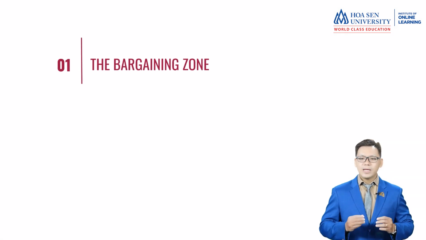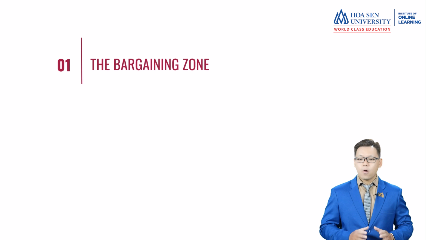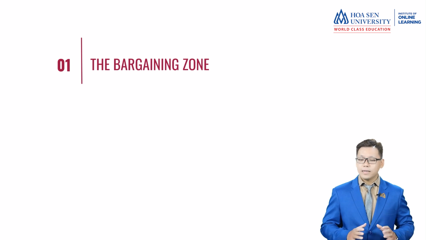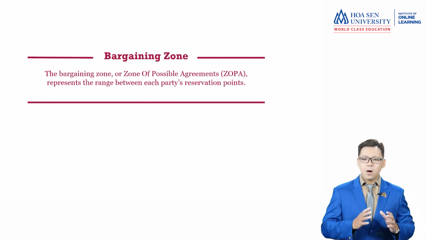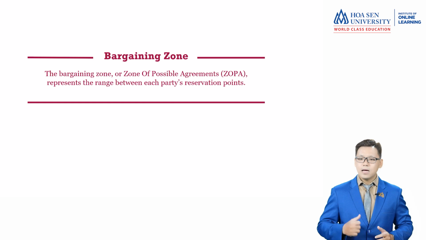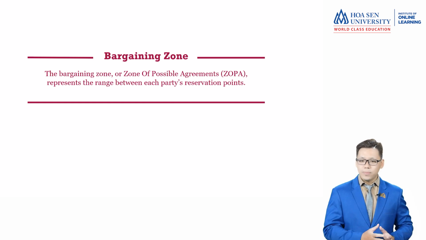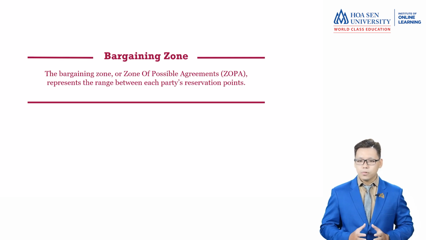Now we will begin our discussion with an overview of negotiation. This will set the foundation for everything we will cover in this chapter. So what is the bargaining zone? The bargaining zone, also known as the Zone of Possible Agreement, ZOPA, Z-O-P-A, is the range within which a deal can be made between 2 parties.